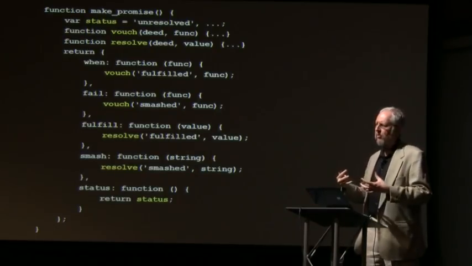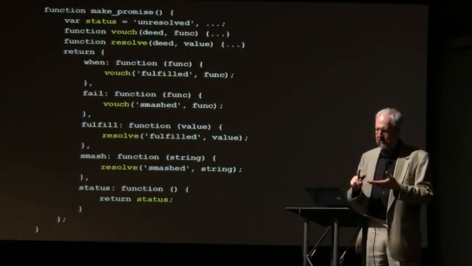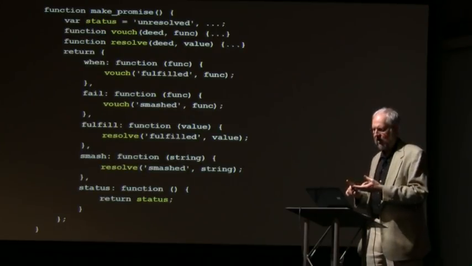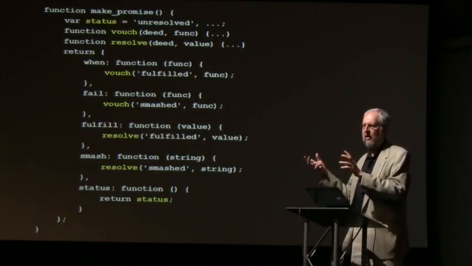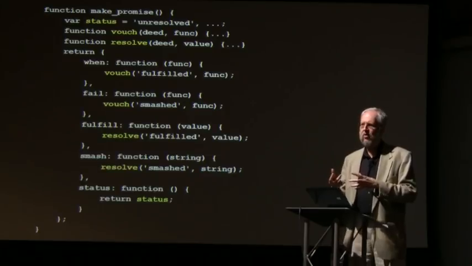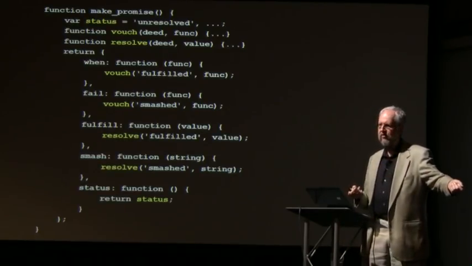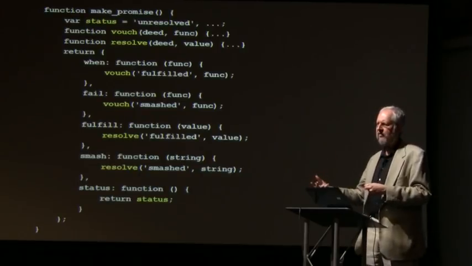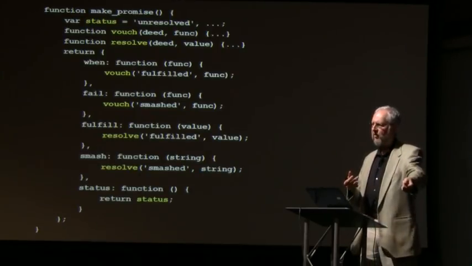And the promise maker will return a set of 5 functions: when, fail, fulfill, smash, and status. It doesn't care, you could pass any one or any fraction of these functions to someone else. So for example, you might have a service and I want to return something to you immediately.